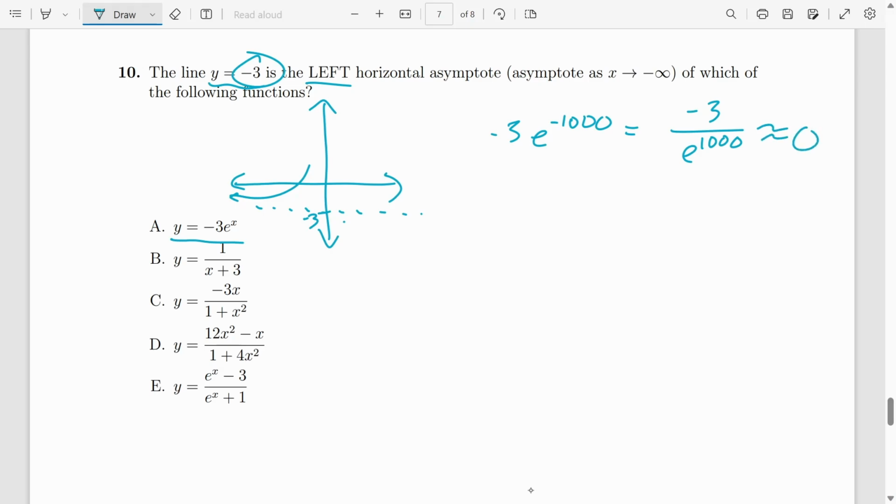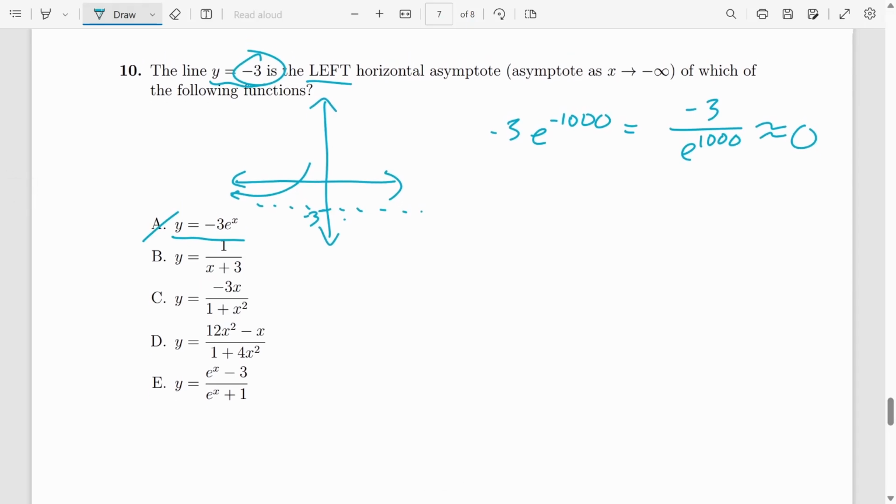Because e to the 1,000 is a massive number. It's ginormous, and when you do negative 3 divided by a massive number, that's very close to 0. So we know that one is wrong. It's not really close to negative 3 at all.